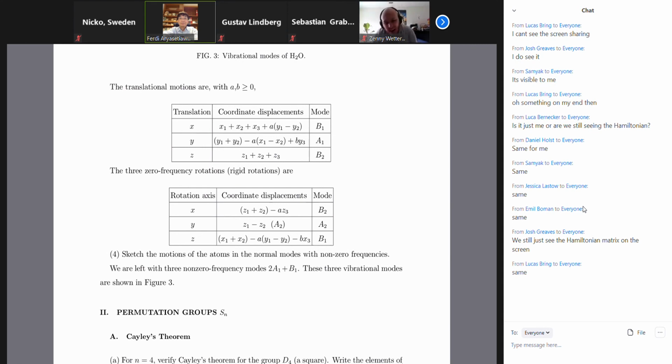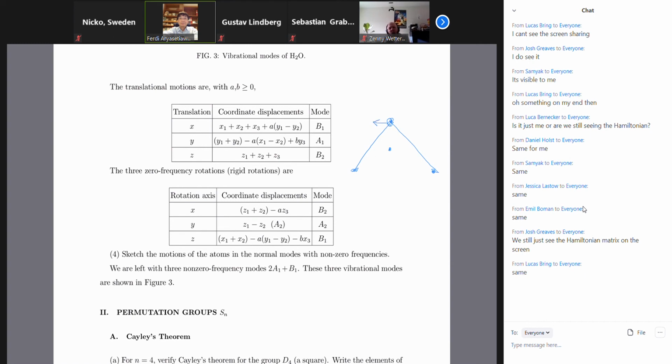So these are rigid rotations. The whole atoms rotate. There's no relative motion between the atoms. The rotations are a little bit more complicated, but not so difficult. I have this oxygen atom here, so we have to look at the center of mass, maybe somewhere here. So we rotate, then it will go like this.